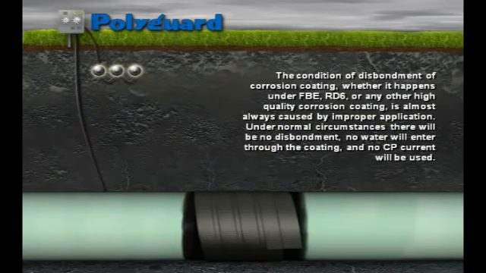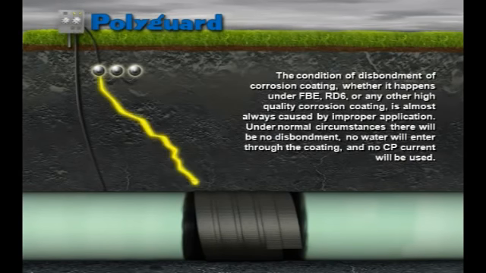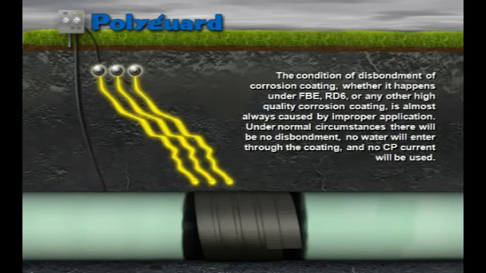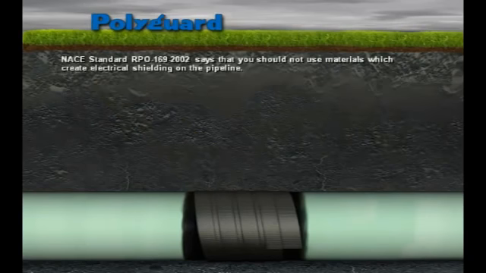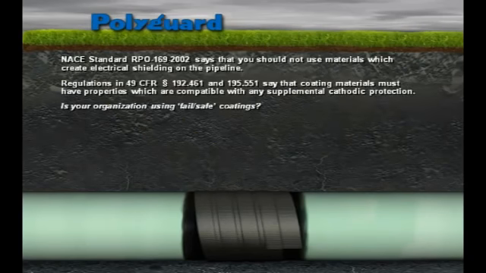The condition of disbondment of corrosion coating, whether it happens under fusion bond epoxy, RD6, or any other high-quality corrosion coating, is almost always caused by improper application. Under normal circumstances, there will be no disbondment, no water will enter through the coating, and no CP current will be used.